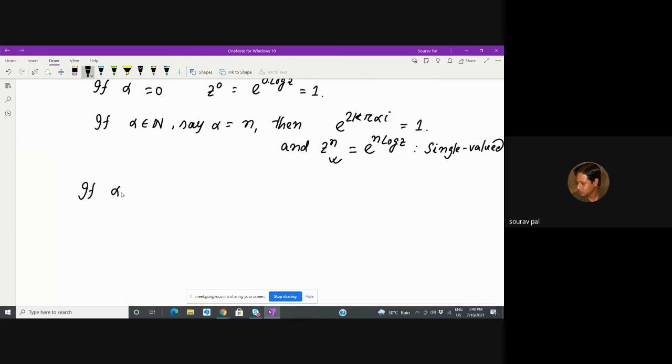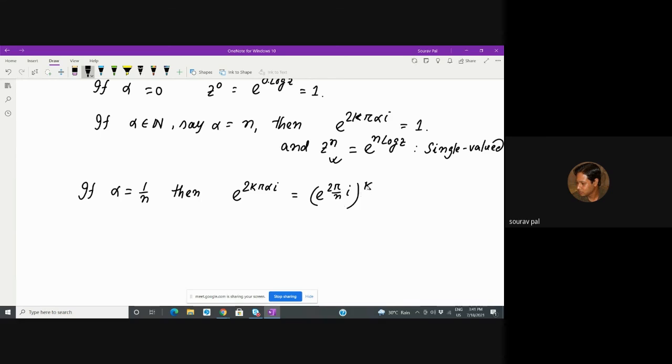And if alpha is 1 upon n, then what happens? What can you say about e to the 2k pi alpha i? You see, this is e to the 2 pi by n i to the k, right?